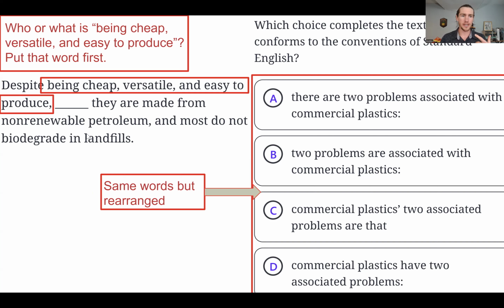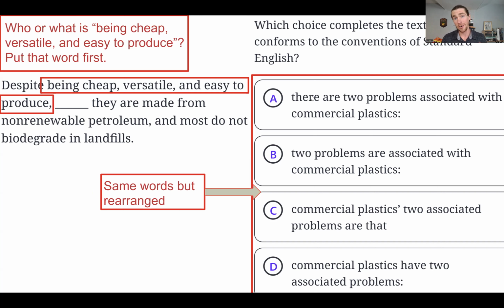Next, if you read the sentence, you'll notice that it starts with this ing phrase, despite being cheap, versatile, and easy to produce. So remember, what you do is we notice the 4 choices are the same words but rearranged. We notice the sentence started with this modifier, this phrase that's describing someone or something. Ask yourself who or what is being cheap, versatile, and easy to produce. Put that word first.